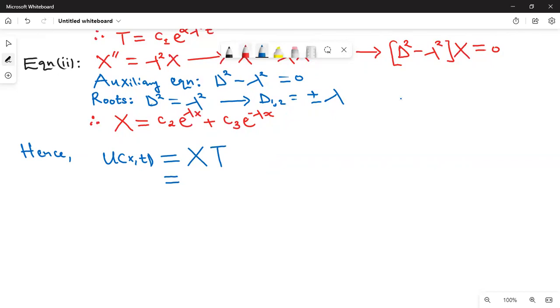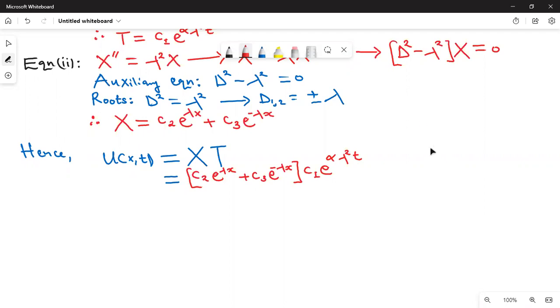You multiply them, our x capital, that was C2 exponential lambda x, then plus C3 exponential negative lambda x. Now this should multiply t capital, which we got C1 exponential alpha times lambda squared times t.